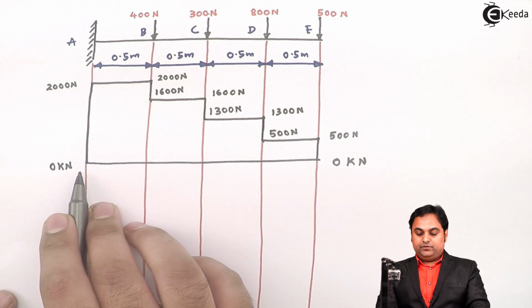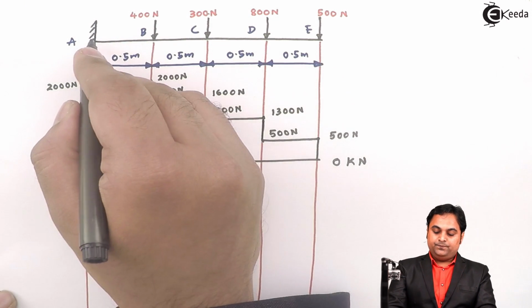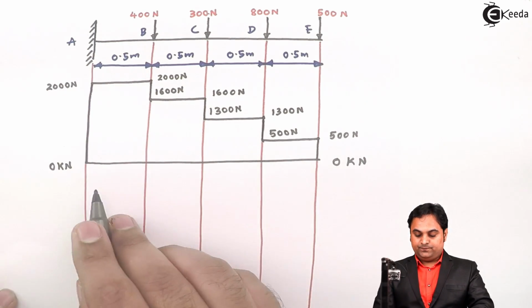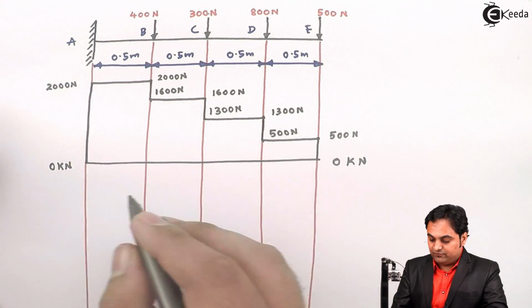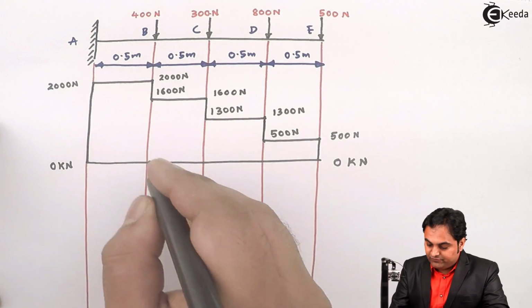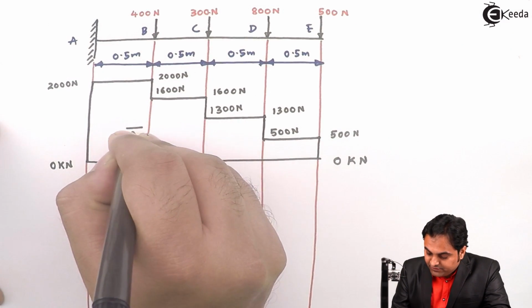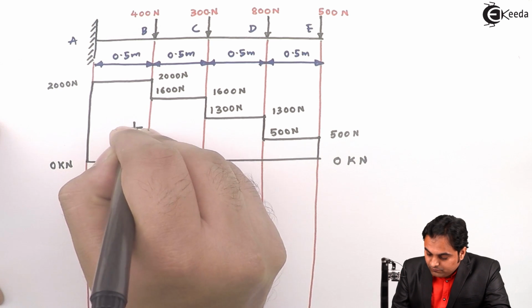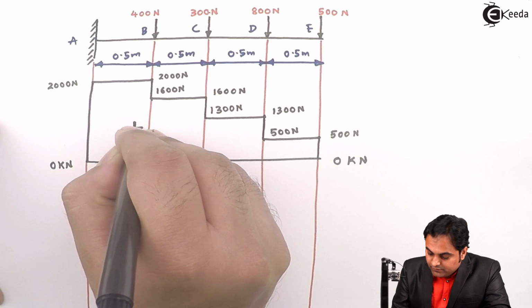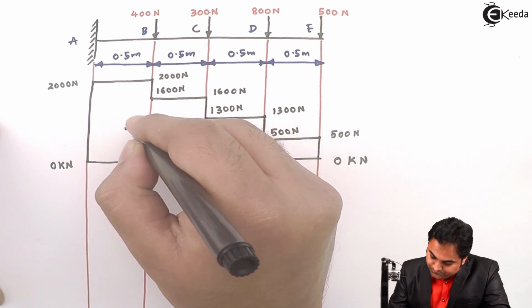and finally the value will be 0 here if I take the section to the left of A where there are no forces. So this is the complete shear force diagram, and as we see here, all the values are positive, so I'll write a positive sign here, which indicates the shear force diagram is positive throughout.